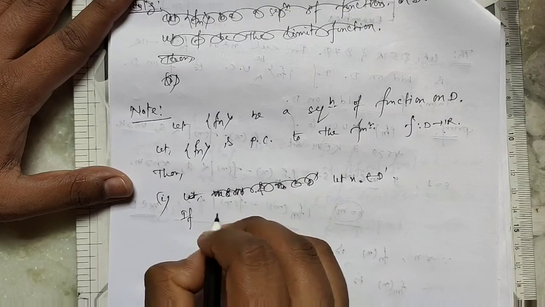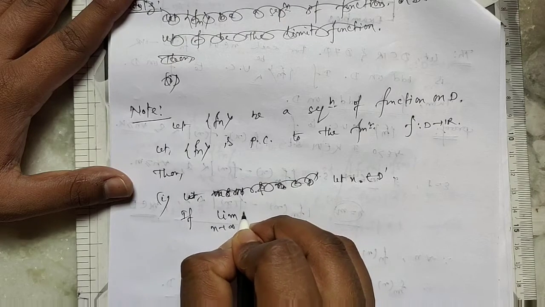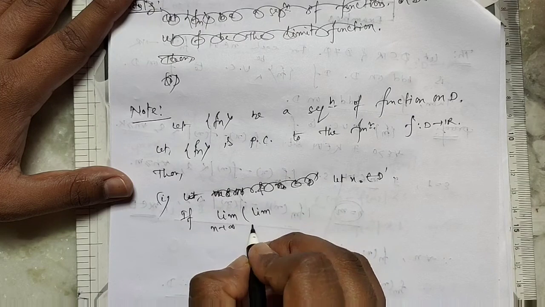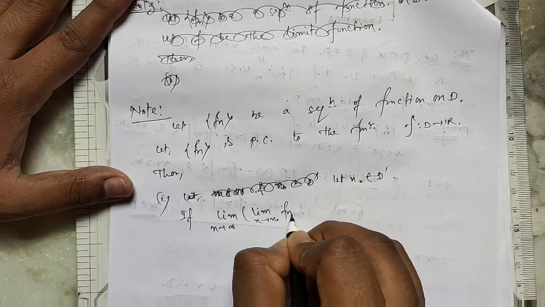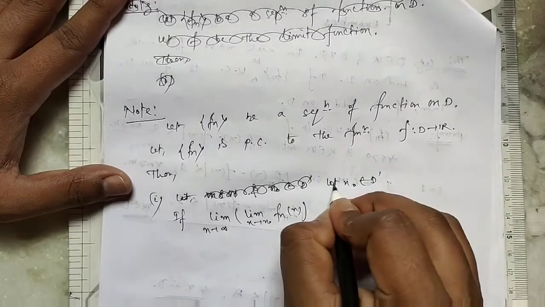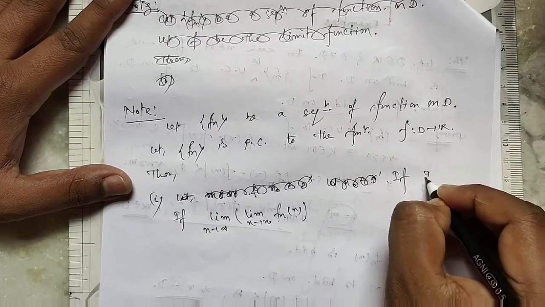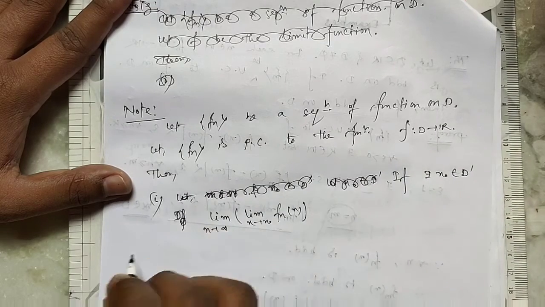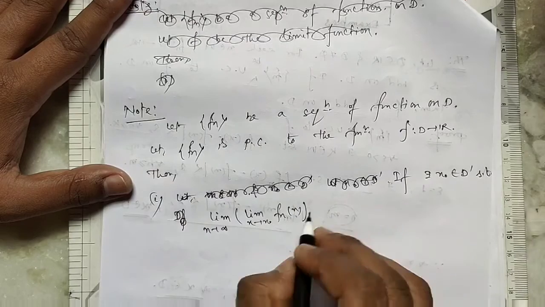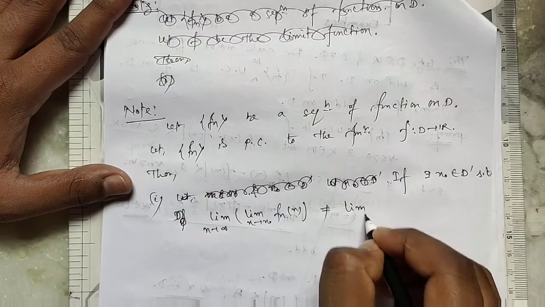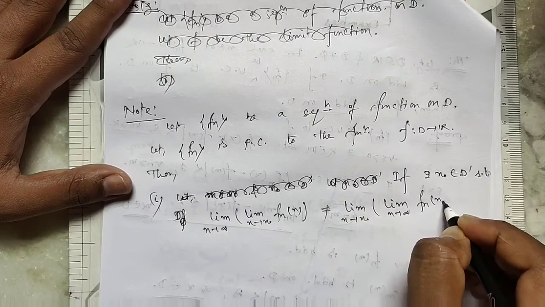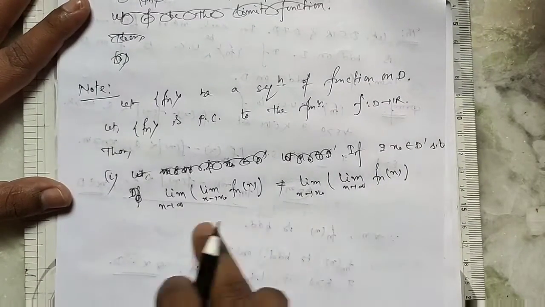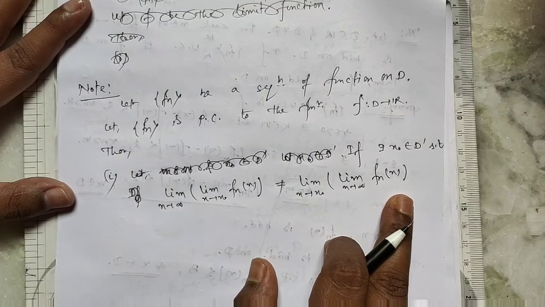Then if there exists x0 belongs to D dash such that limit n tends to infinity of limit x tends to x0 of fn(x) is not equal to limit x tends to x0 of limit n tends to infinity of fn(x), this is the equality of limits, the consequence of uniform convergence on limit.